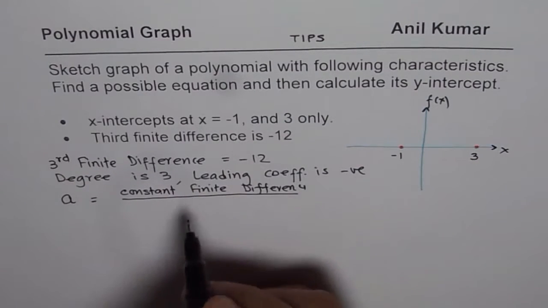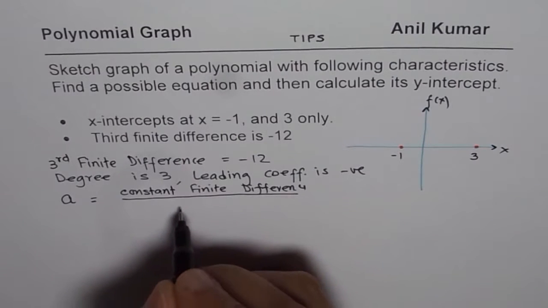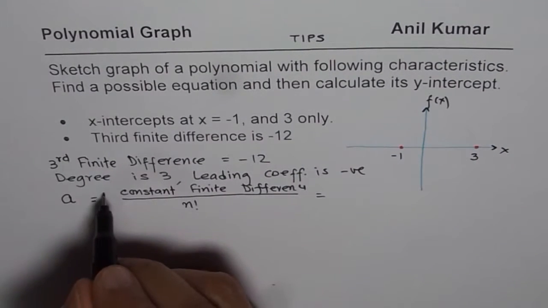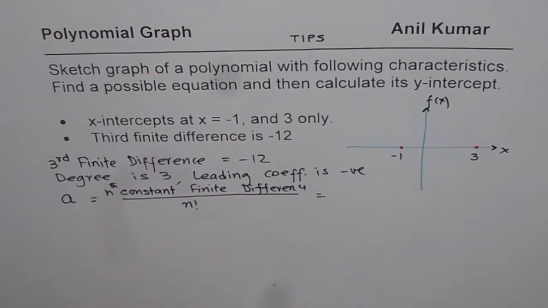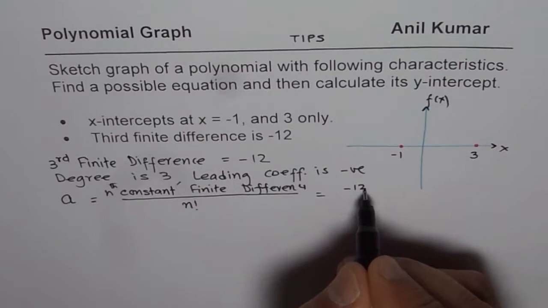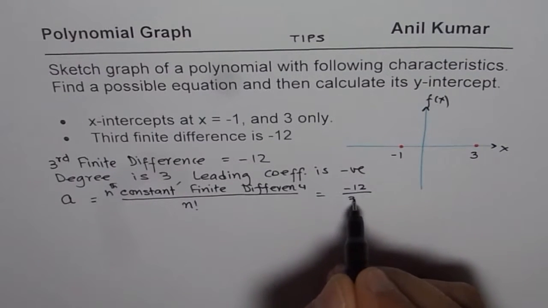Let me give you the formula. Normally it is the nth finite difference over n factorial. In this case it is the third finite difference, so it is -12 divided by 3 factorial.